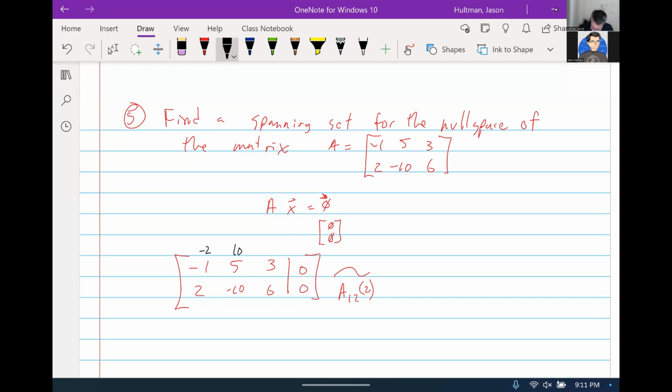So negative, let's just continue. -2, right? Yeah, okay, that's fine. Oh, okay, I get it. Let me just make sure it's not a typo.